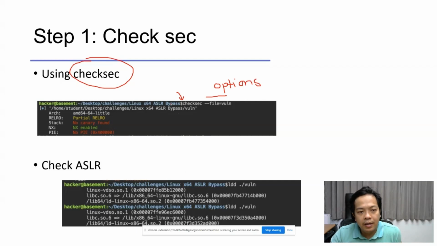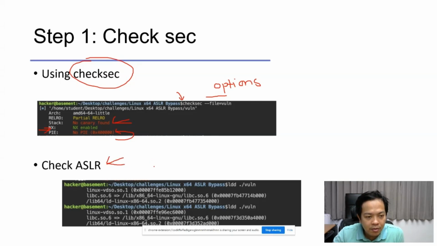After running this check, they can see the security settings. Here you can see this mode is not supported, and this one is NX, this security feature is activated, and we cannot check.